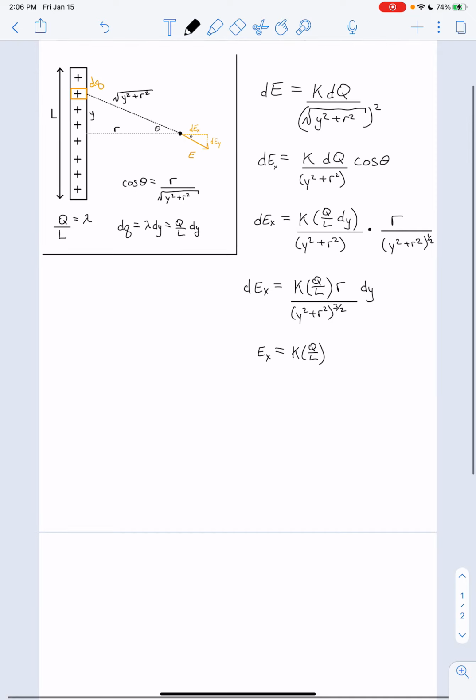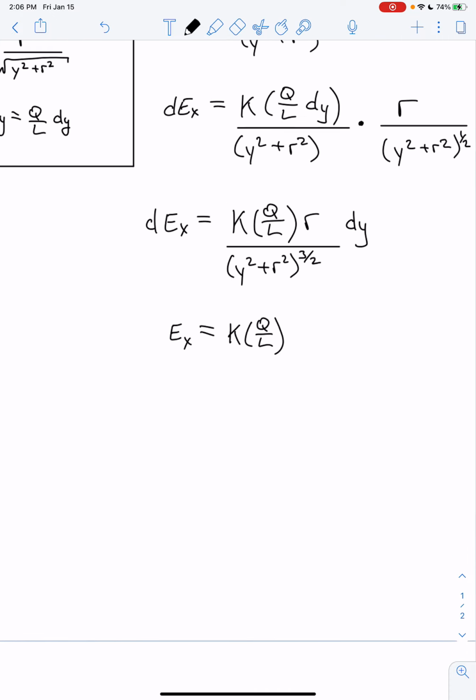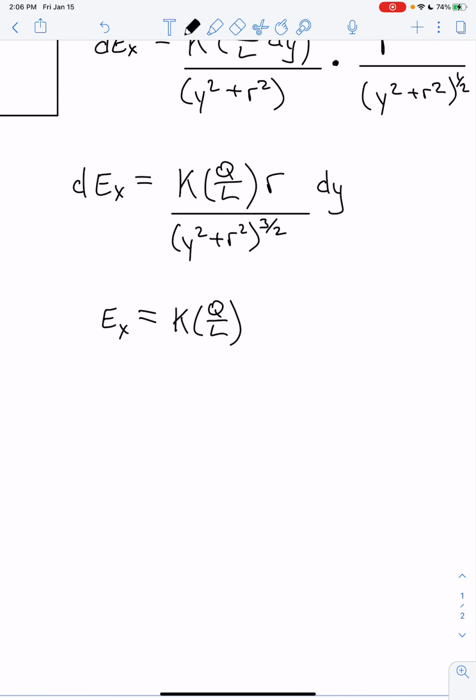And here's where it gets interesting. The rod is symmetric around that center line. Okay. So if that's our point of reference, that center point, what we have is an integration from plus L over 2 to minus L over 2, because there's 1/2 L on either side of the center. So we're going to integrate from L over 2 positive to negative L over 2.